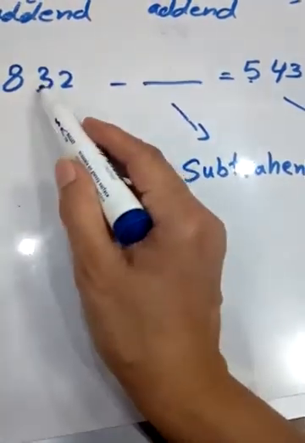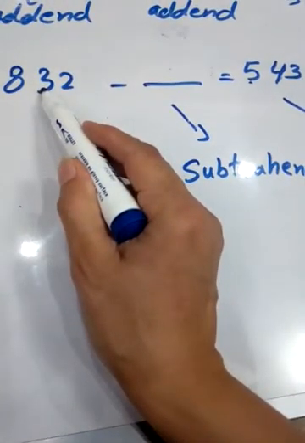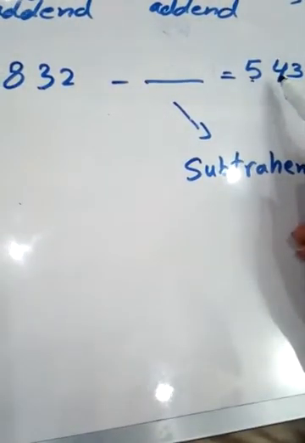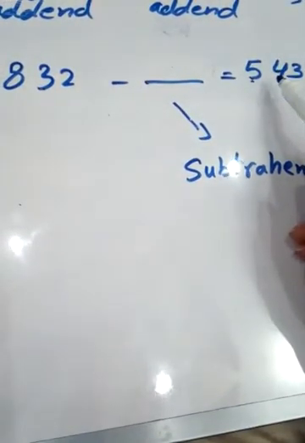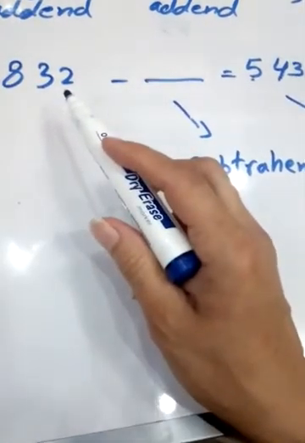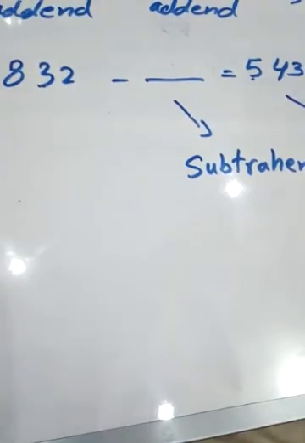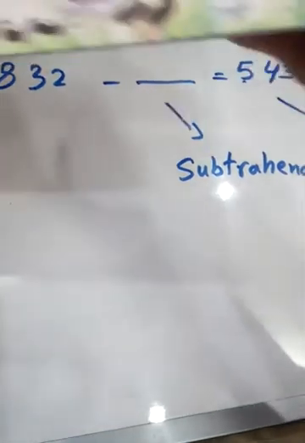Always write the minuend on the top and the difference below, and subtract it. When the minuend is missing, we have to add, and when the subtrahend is missing, we have to subtract those two values. By using that method we find the answer.